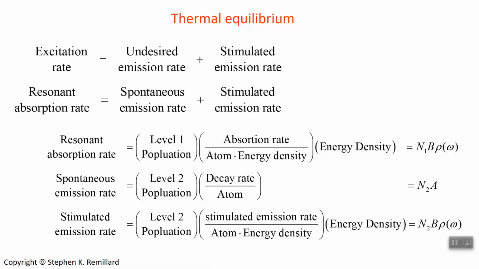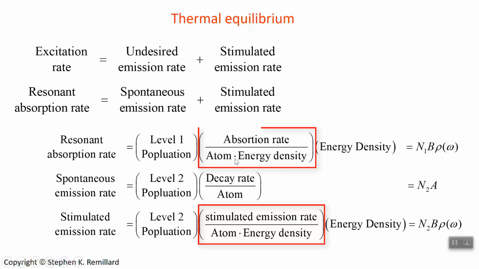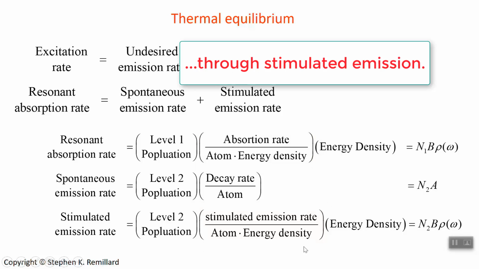Think of this middle term, stimulated emission rate per atom per energy density, and up in the top equation, absorption rate per atom per energy density. Those are probabilities. Think of them as the probability that if a photon hits an atom that's in the ground state, it will be absorbed. If a photon hits an atom in the excited state, this is the probability that it will be re-emitted. Those are essentially the same probabilities.